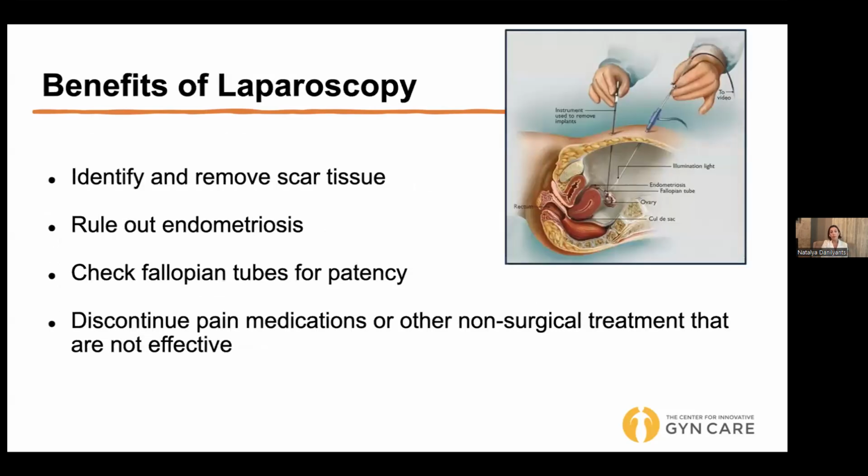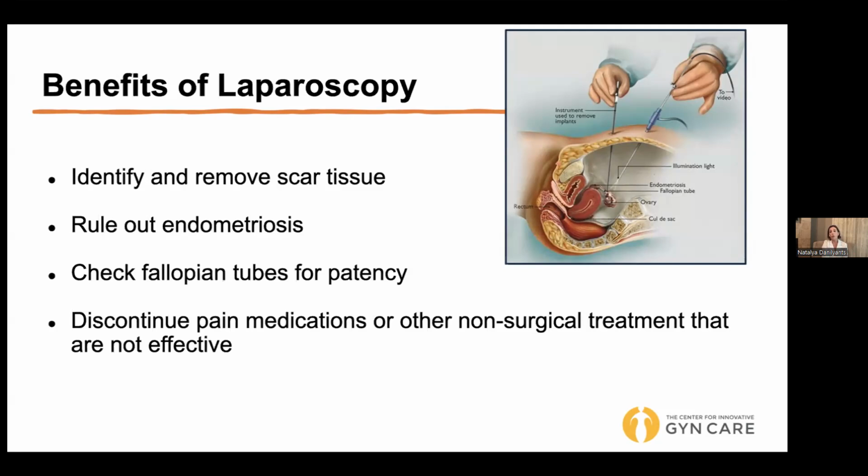So benefits of laparoscopy, of course, you can see where the scar tissue is, and then you can address it at the same time. And then you're also ruling out endometriosis, which can also cause pain, right? So when we're going in laparoscopically on a patient that has pelvic pain, we're looking for scar tissue and we're looking for endometriosis, because allegedly we've ruled out other things prior with imaging and other evaluations.